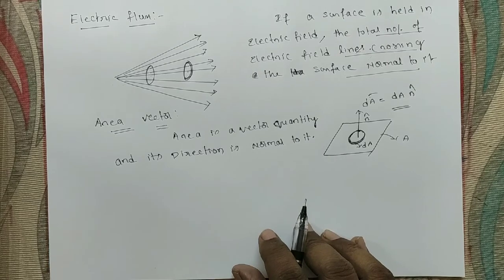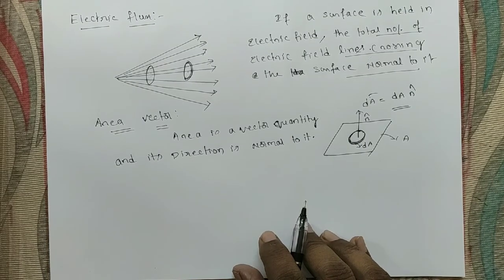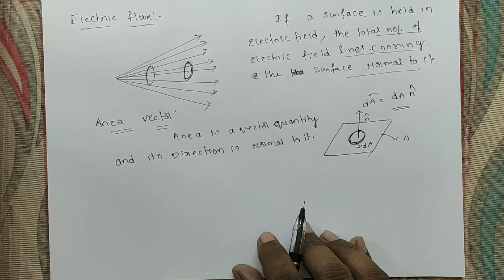Now we can go to the cases of electric flux. Suppose you have a uniform electric field. We already discussed the meaning of a uniform electric field: if the field lines are equally spaced and the electric field intensity remains the same everywhere, such a field is called a uniform electric field. In a uniform electric field, if you take a surface kept perpendicular to the field, what is the number of field lines passing through it?